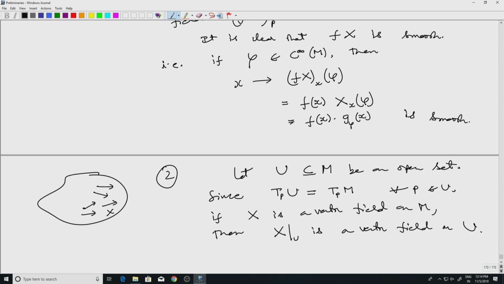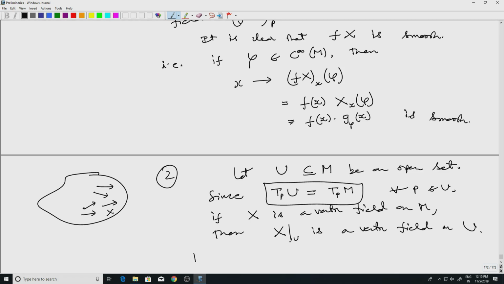So I can just restrict it to look at the values of X for points in U, and I get another vector field. I get a vector field on U. And as for smoothness, I know that the original vector field on all of M is smooth, and if I want to say that this is smooth, it just depends on this identification that we have here.